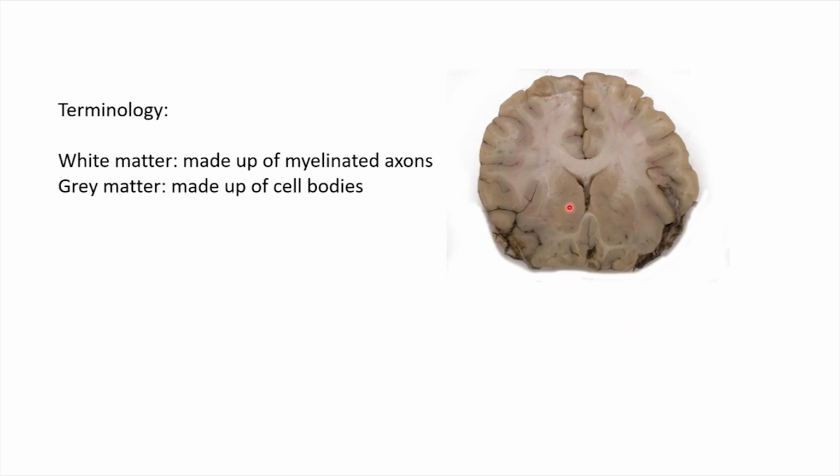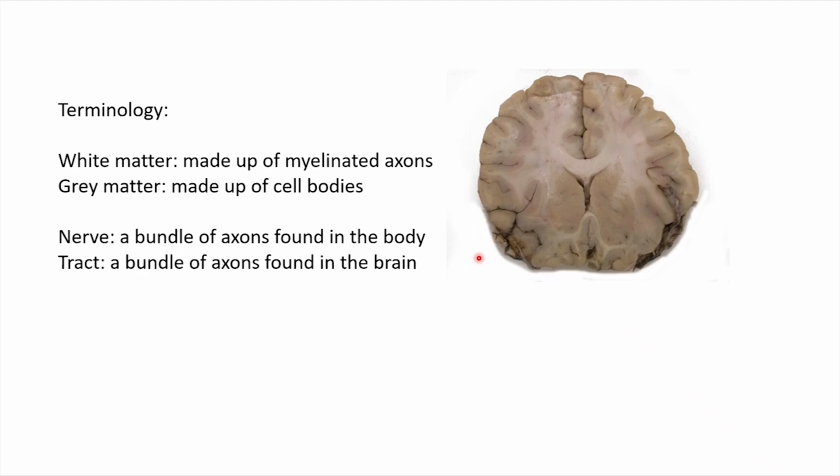Now let's look at some other terminology as well. One common term that is used is nerve. And nerve basically refers to a bundle of axons that are found in the body. So the bundle of axons that are going from the brain to different parts of the body can be called nerves. You can have sensory nerves or motor nerves.